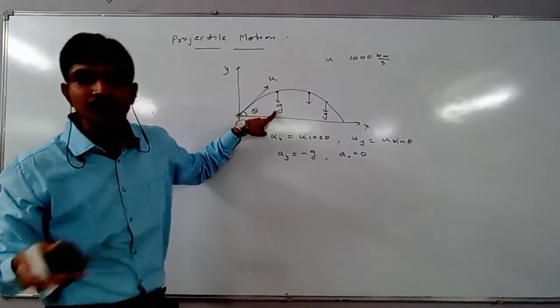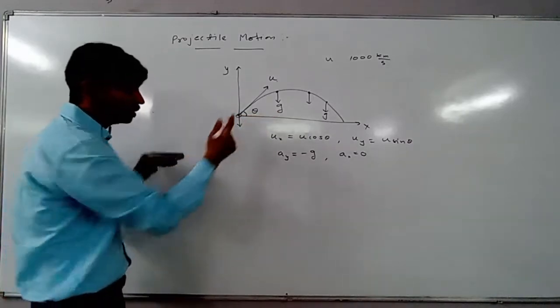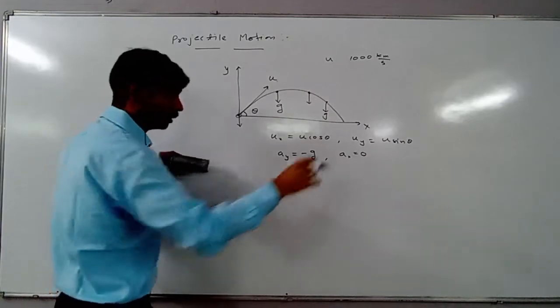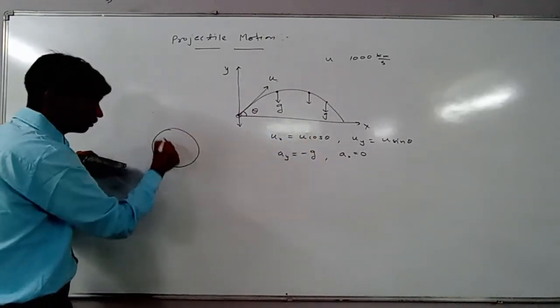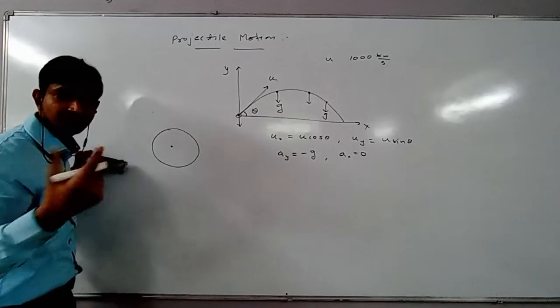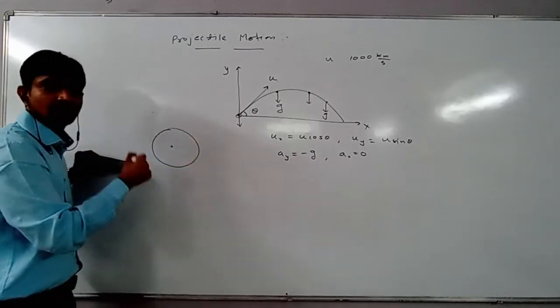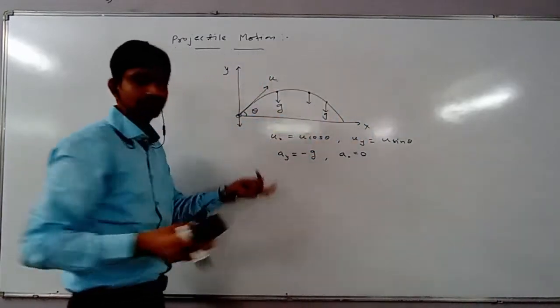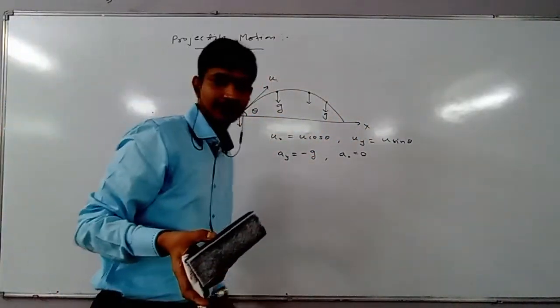Why? Because g is not constant. Even though we are assuming that the horizontal surface is flat, if we talk about Earth, it's not a flat surface. It's spherical. So this is applicable only for a few meters per second or just 1-2 km per second.